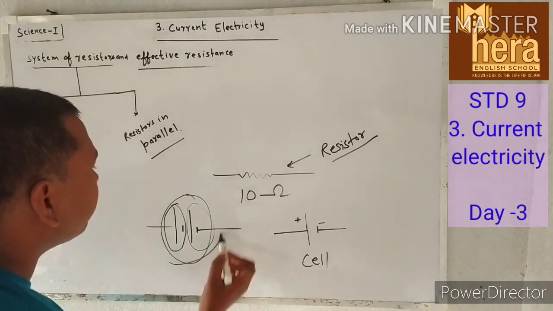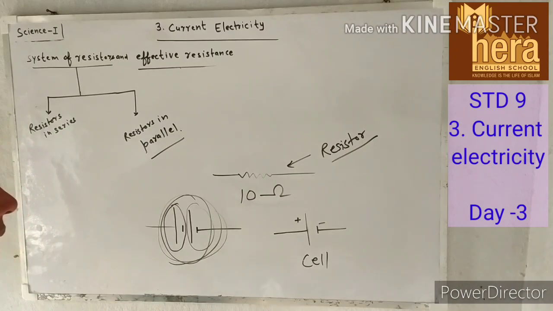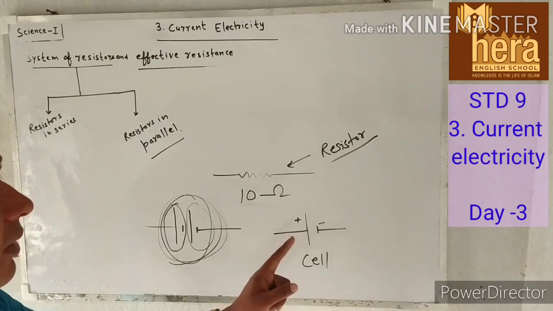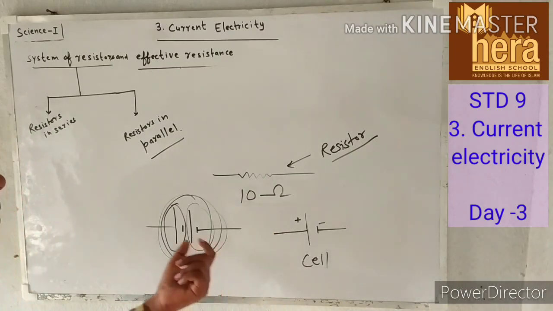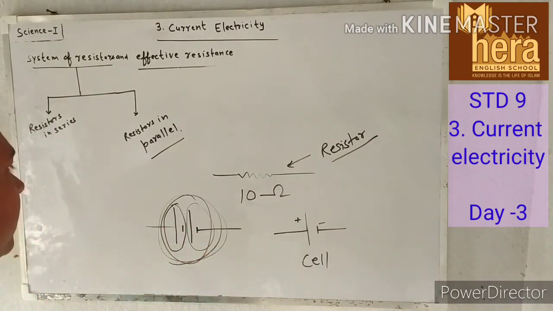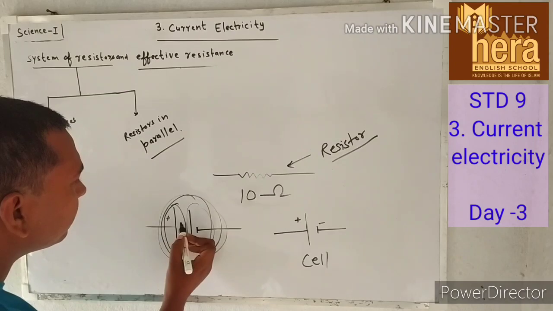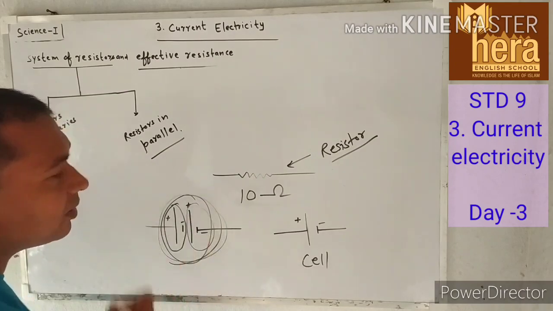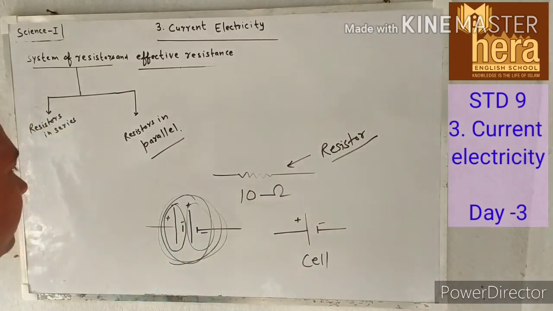That's why this is a battery. If there is one, it is called a cell, and if there is more than one, you have to say battery. Again, this is the positive terminal, this is the negative terminal.